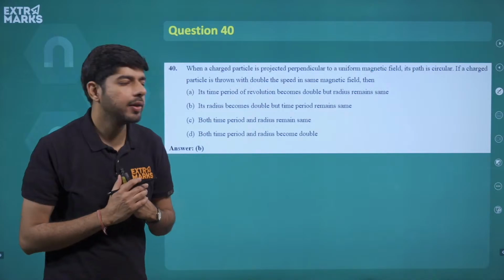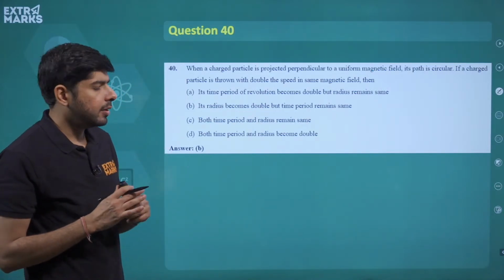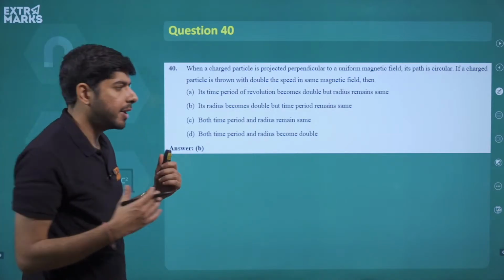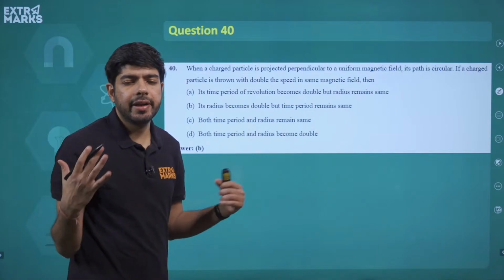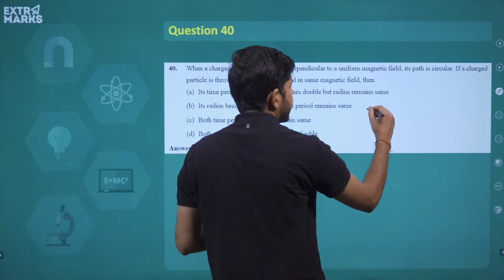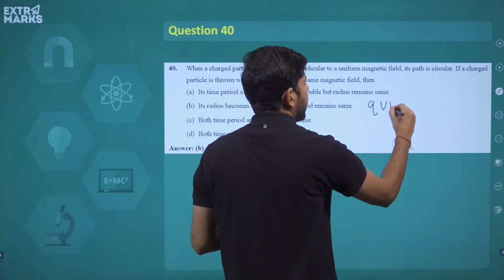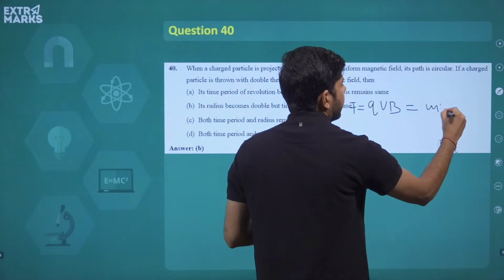Alright, let's continue. They are talking about the particle which is projected. So guys, this is pretty simple. They are talking about radius. If you don't know the radius, it's fine, we can find it very quickly. The force QVB is the centripetal force, and that is mv square by r.